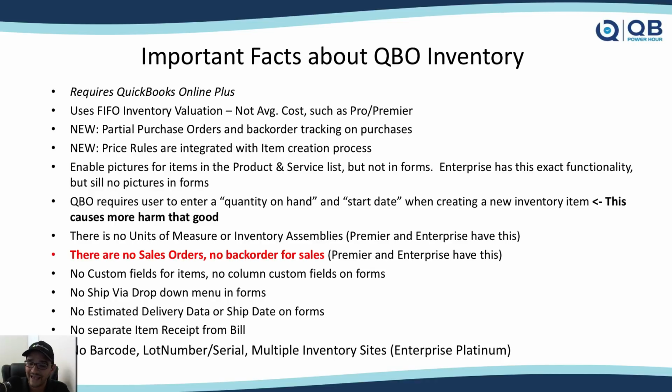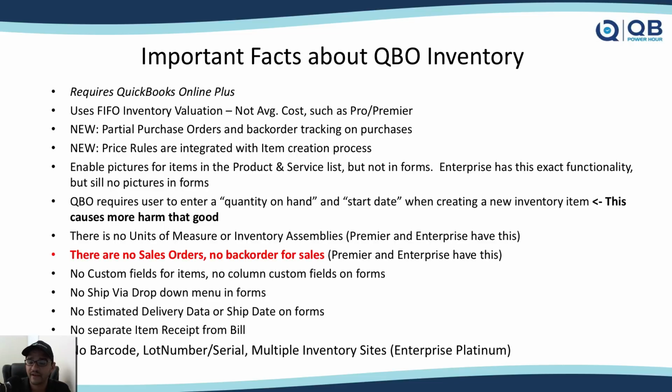There's no box for an estimated delivery date that you can use as a data point to pull reports, to look at the POs and see when the product's coming. And there's no estimated ship date on forms to know when you project to ship something from a sales order, or when you shipped something from an invoice, as distinct from the invoice date.